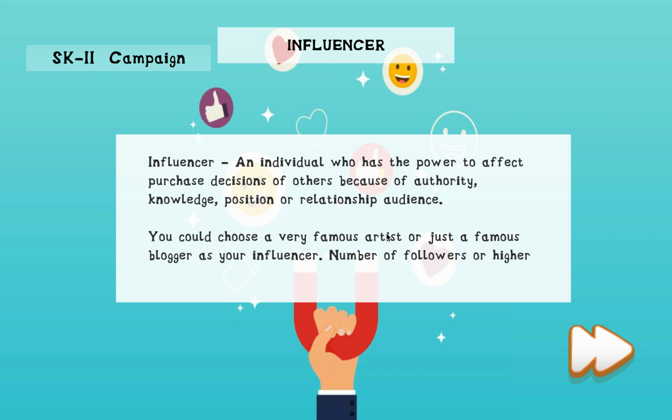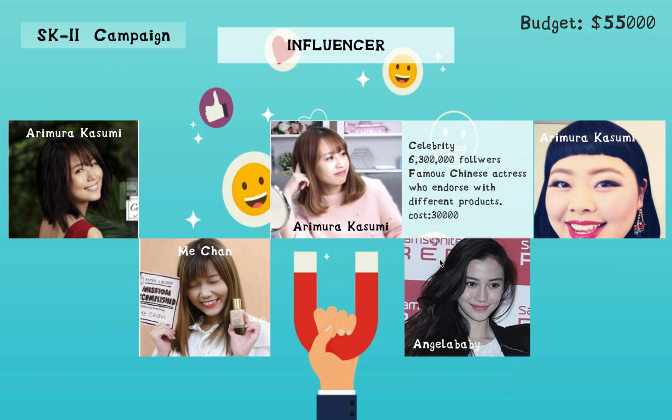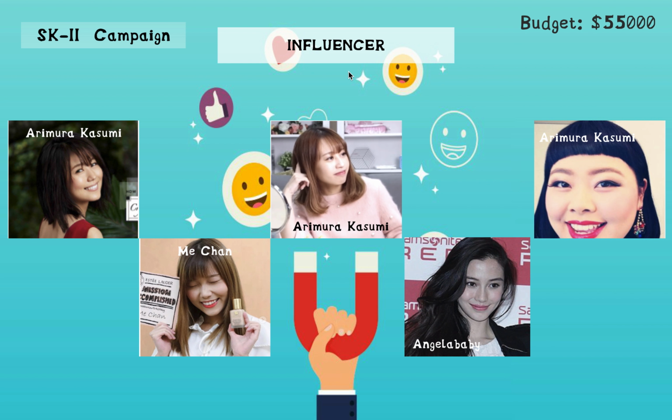For the next steps, we will introduce what influencers are. An influencer is an individual who has the power to affect the purchasing decisions of others because of their authority, knowledge, position, or relationship with the audience. In this step, we briefly talk about what an influencer is. Then you can select your influencers.